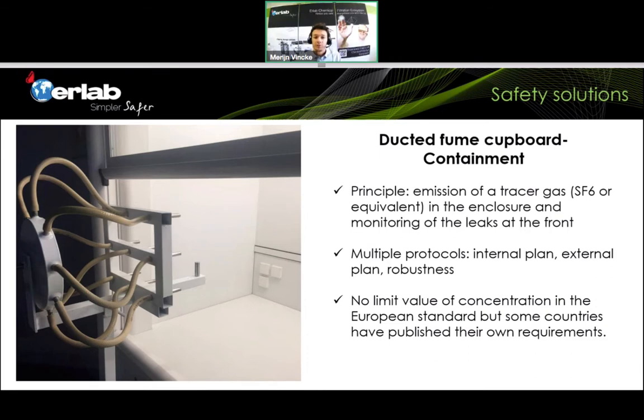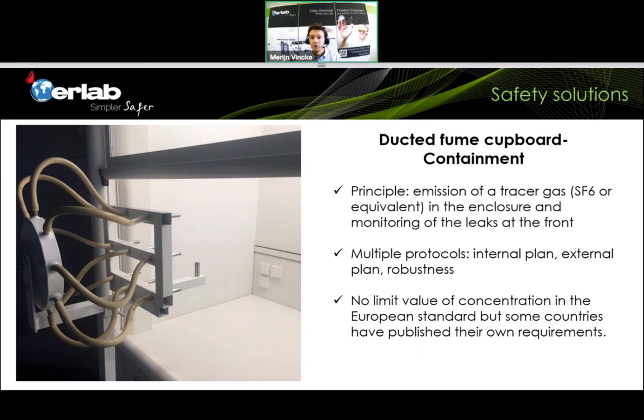So a ducted fume hood, for the people who don't see the slide, normally it should appear just in a minute. The principle of a containment test, which of course tests that air barrier, is by releasing some chemical products. In this case, in the standard, it's SF6, which is sulfur hexafluoride. It's quite a heavy chemical.